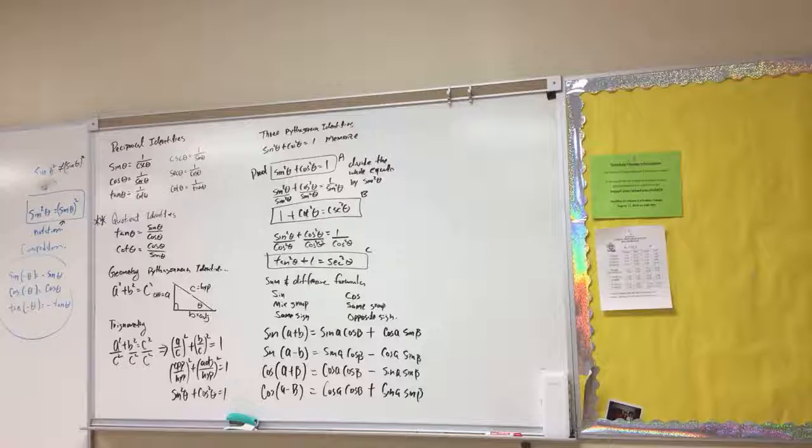Sine, cosine, cosine, sine, and it's a plus sign. It's just theta and theta, there's no mixed term, so it's okay. It's the commutative property: 2 times 3 is the same as 3 times 2. Boom. And then those two add together: 2 sine theta cosine theta. We just proved the double angle identity using the sum and difference formulas.